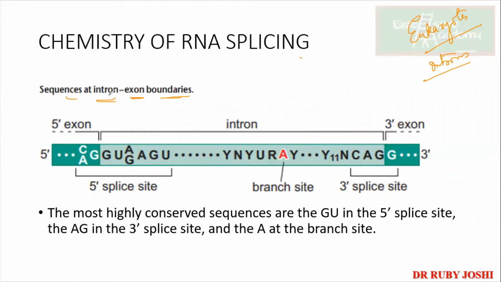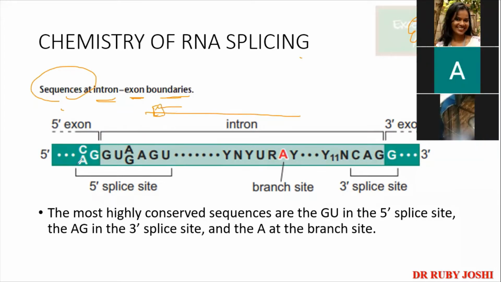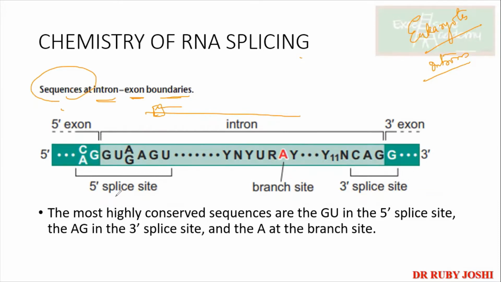Now look at the sequence. At the end of your 5' exon, whichever exons are present over here, you have the sequence known as the 5' splice site. Then in the intron you are going to have A.